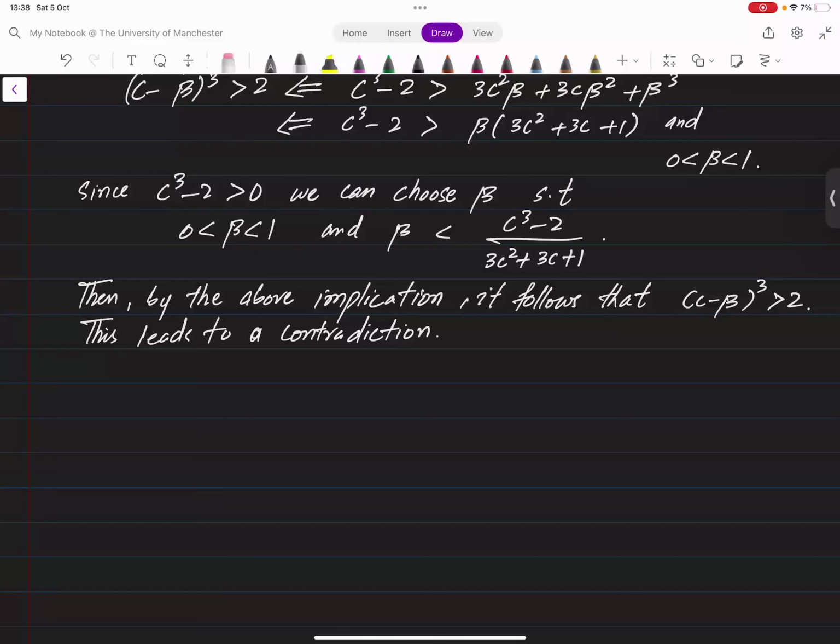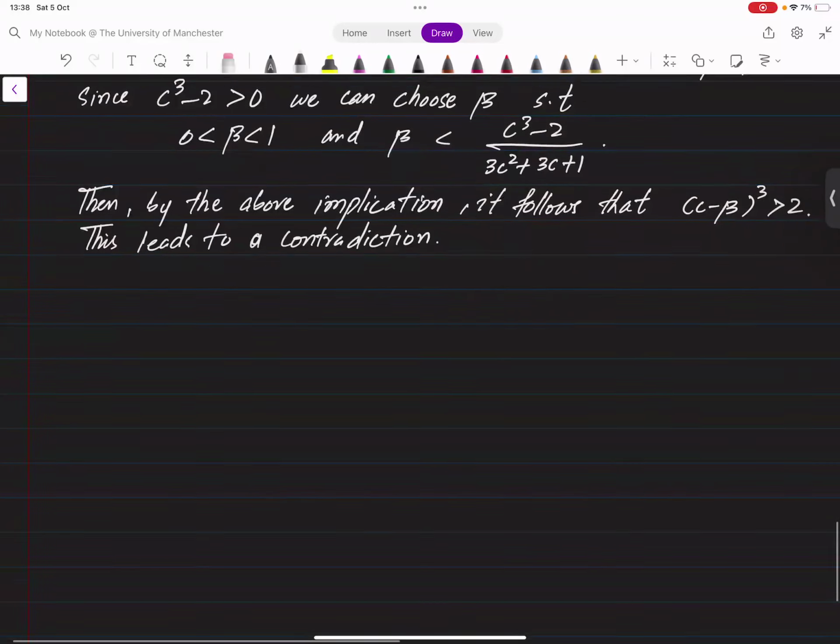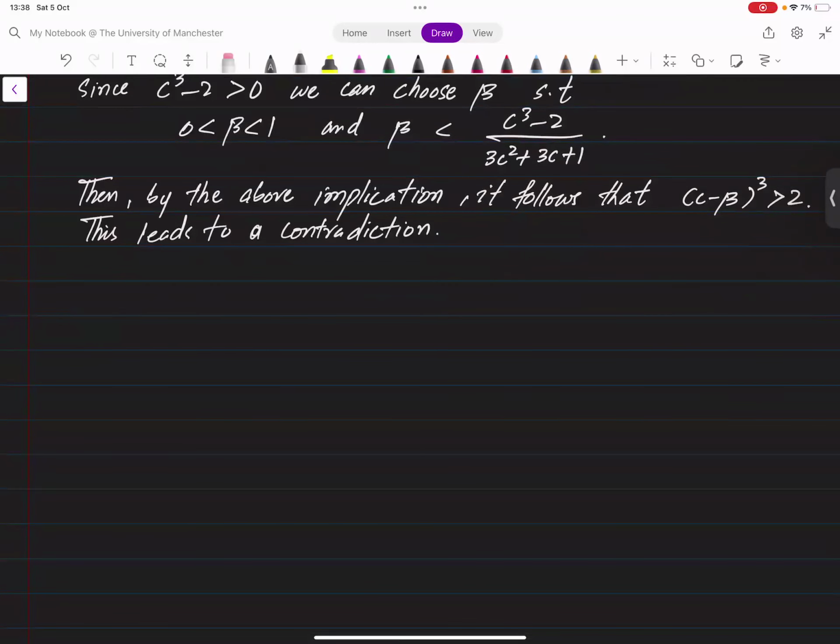Thus, we have reached a contradiction in both cases 1 and 2, from which we conclude that c cube is 2. In other words, c is the real cube root of 2.